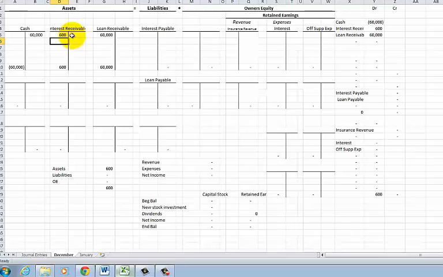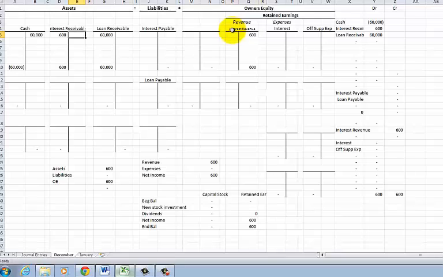They've done what they are supposed to do. All they agreed to do is let them have their money. They're not providing any other services. So that means it is revenue, interest revenue, credit for $600. That's revenue. This is an asset, debit, credit.